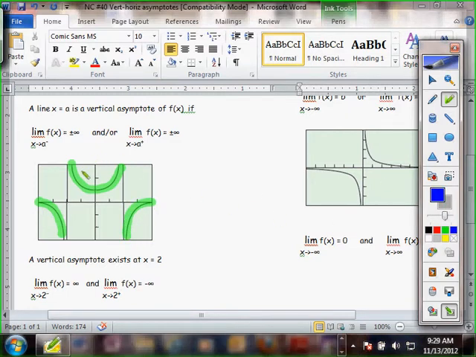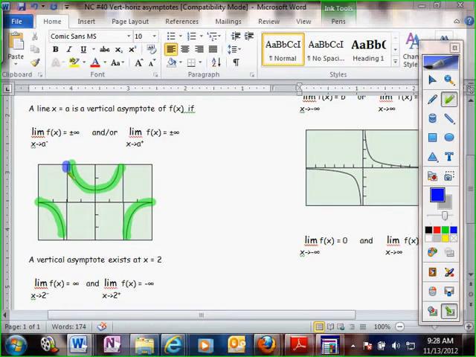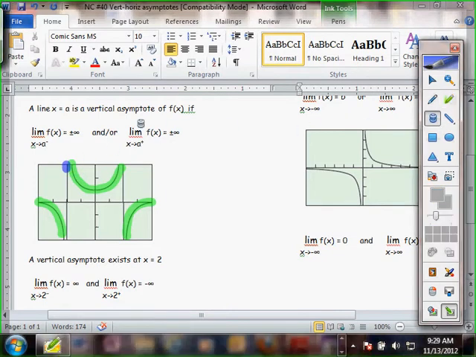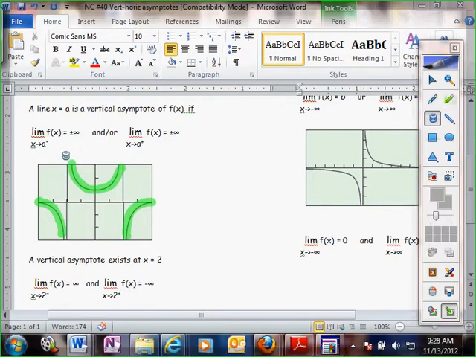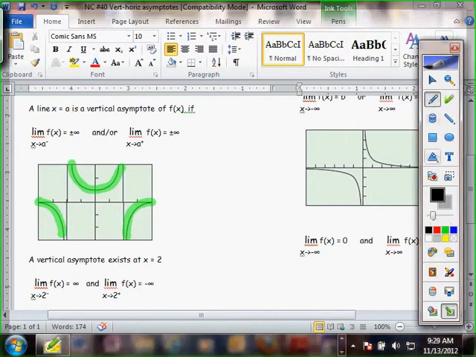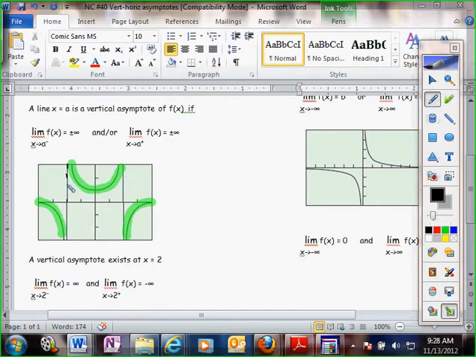And these vertical lines should actually be dotted. These are my vertical asymptotes, and the curve or the highlighted portion will never touch or cross them.